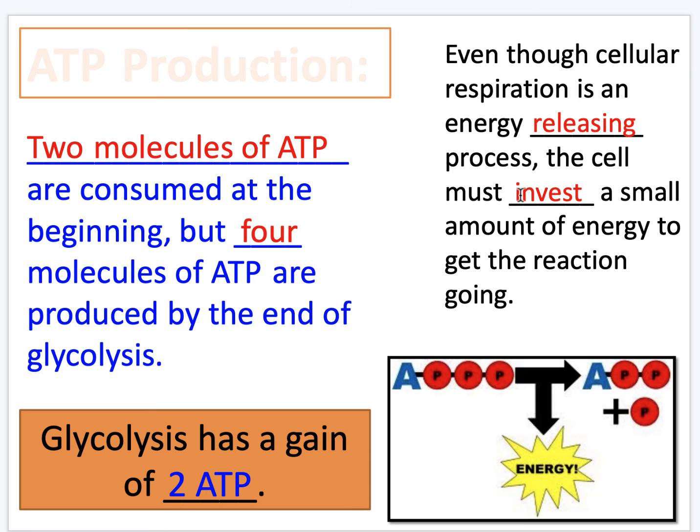The cell must invest a small amount of energy to get the reaction going, because I've told you guys that it takes energy to break bonds. You might end up with more energy after you break the bond, but it always takes a certain amount of energy to break a bond. And in this case, it takes 2 ATPs to start that breaking apart, but in the end, you end up with 4, and that's how you end up again with that net 2.